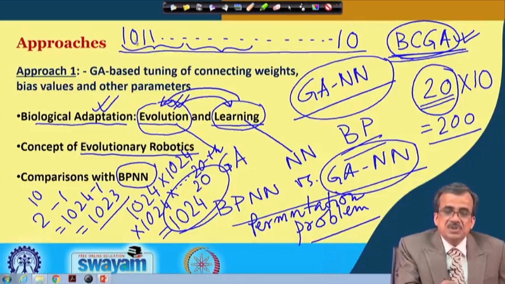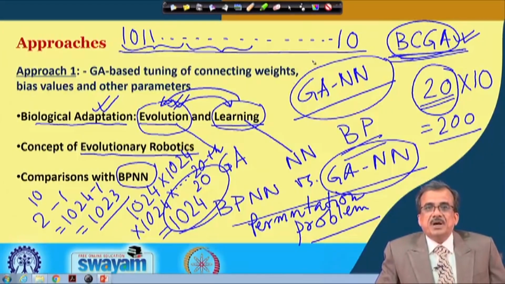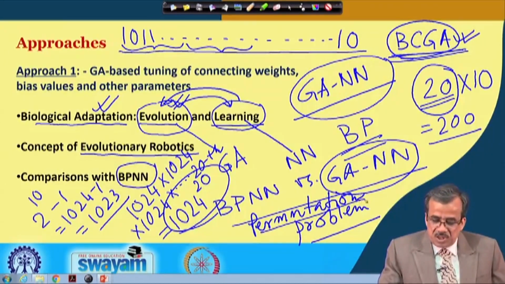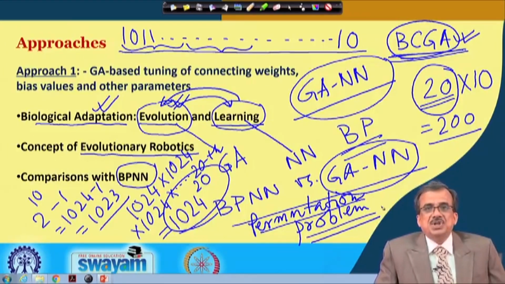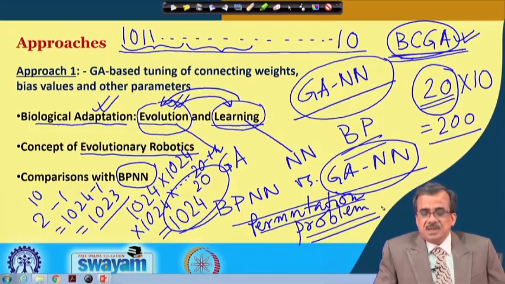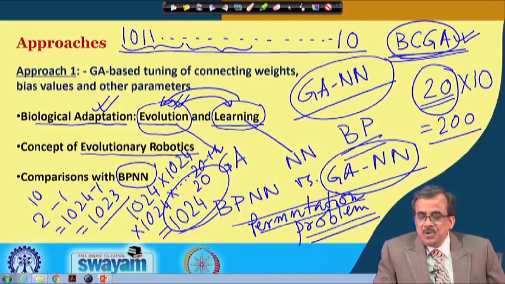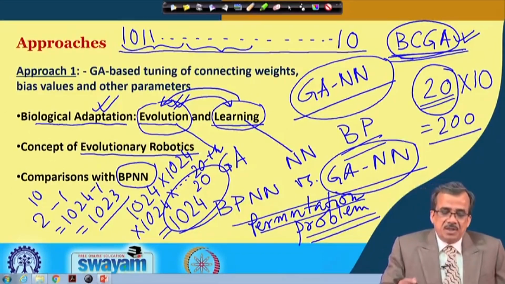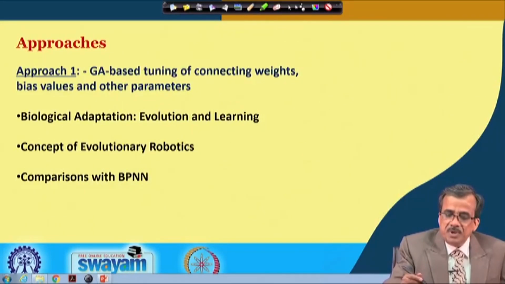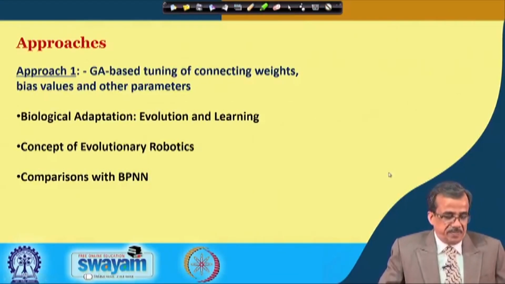So, we are going to use the real coded GA just to overcome this permutation problem, but here for simplicity I am just going to discuss this binary coded GA only. That means, how to use a binary coded GA to design or evolve a suitable neural network, so that it can predict the input output relationship very accurately.